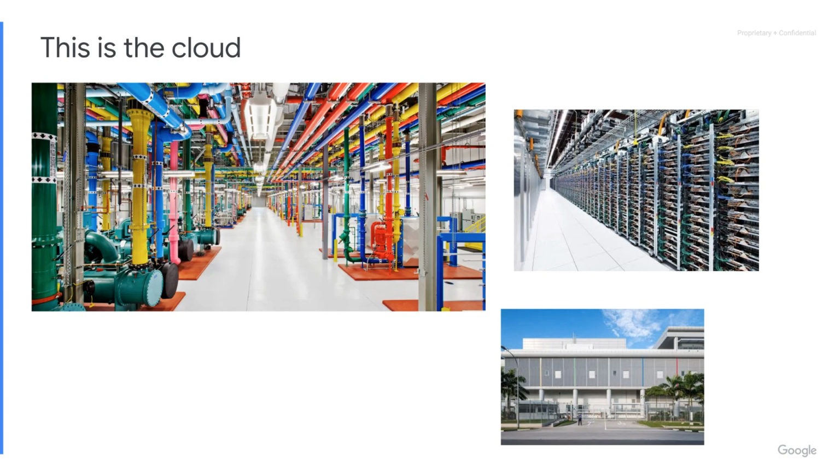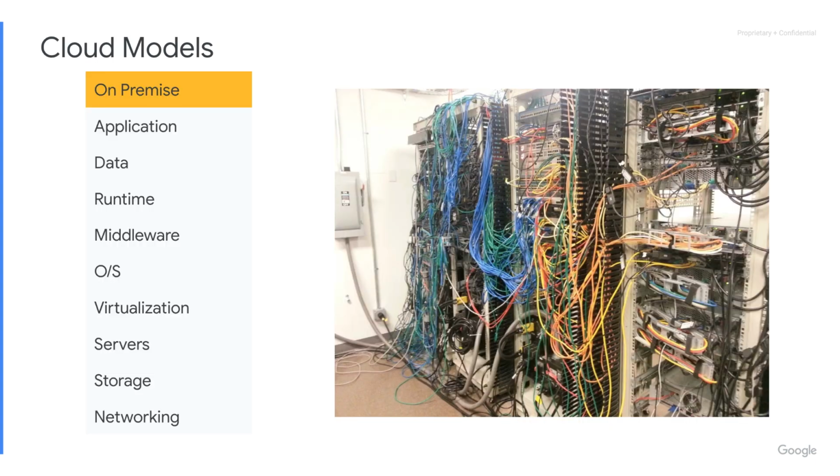Well, cloud is simply the possibility to run your application, software, or server in a data center owned and managed by a third party, in this case Google. The cloud model provides on-demand availability of compute system resources, especially data storage and computing power, without direct active management by the user. So this is actually cloud.